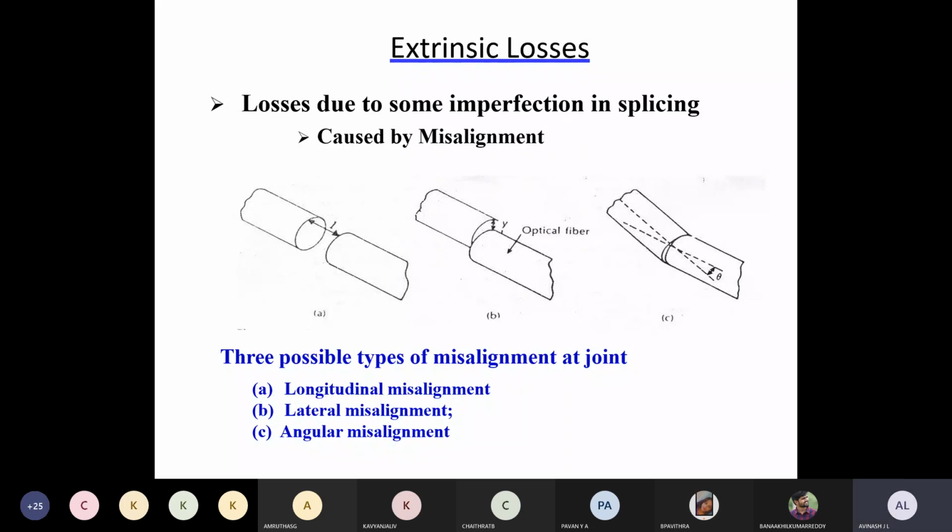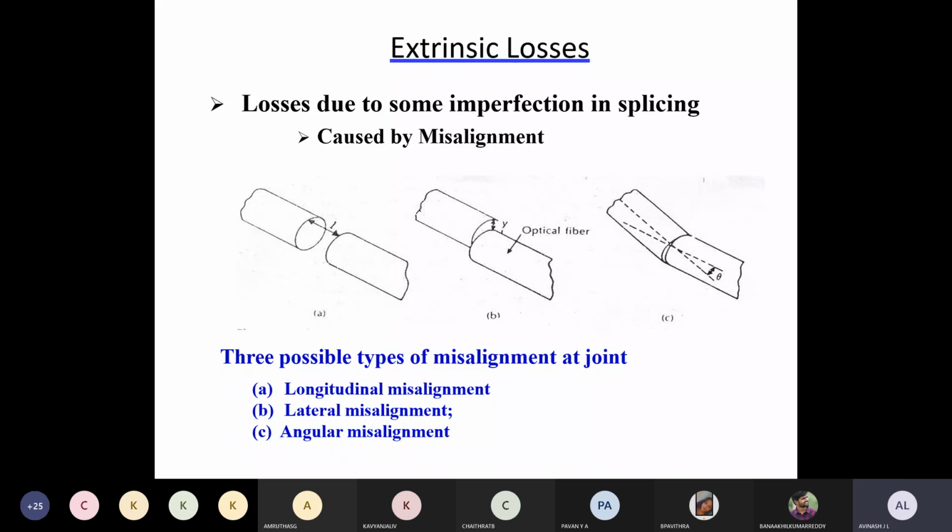If the axes are not matching, there is a lateral misalignment, which you can see in diagram B. They are not exactly joined together. Even though there is no air gap, there is some slight misalignment laterally, and that causes loss of signal. That is lateral misalignment.